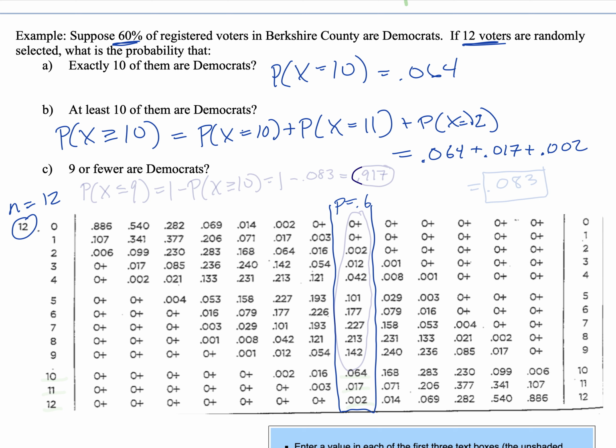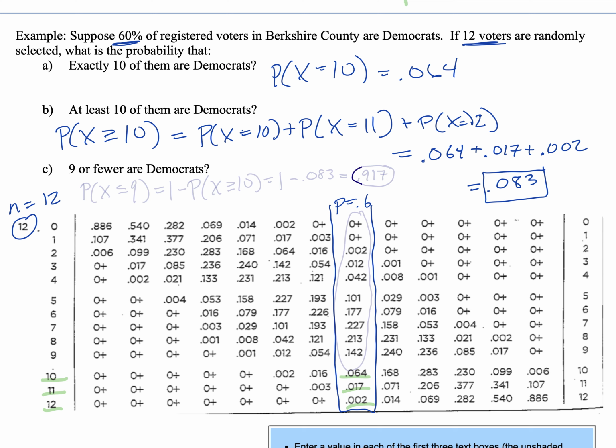I'm getting that by reading these values from the table for x equals 10, 11, and 12. Then I can just add those values together to get 0.083. So the probability that x, the number of Democrats in my random selection of 12 voters in Berkshire County, is at least 10, is 0.083, or about 8%.